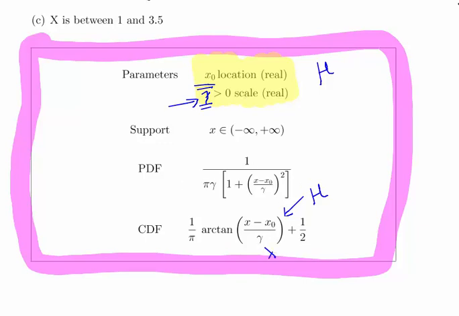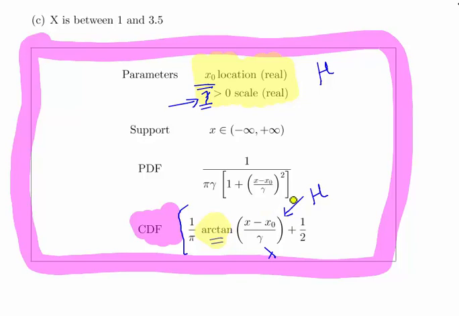So we're using the cumulative distribution function, which is the one we're using almost exclusively in this instance: 1 over pi times arctan of (x minus x0) divided by gamma, plus a half. Arctan is just a different way of expressing the inverse tan of a function.